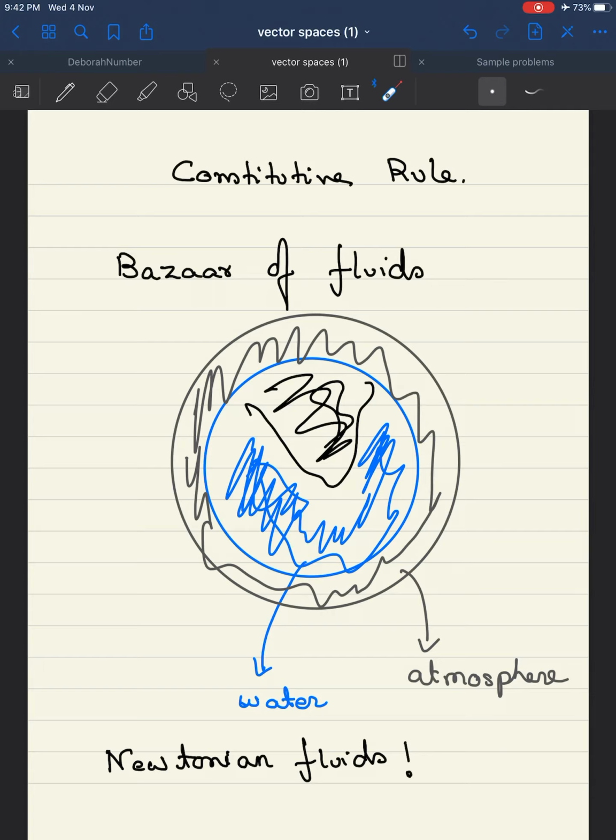We will confine ourselves to the topic of Newtonian fluids. Okay. So basically what we want to discuss is the stress strain rate relation for a Newtonian fluid.